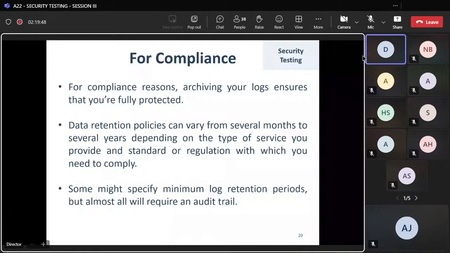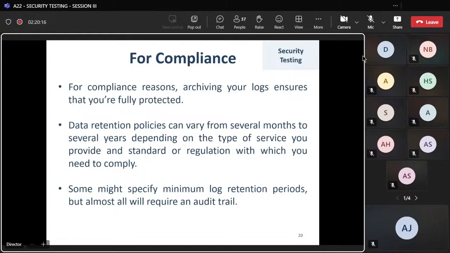For example, some business-related events you need to retain for certain years. That could be one of the business legal requirements, and that will be helpful for any kind of compliance requirements also. Data retention policies may vary from several months to several years, depending upon what type of service you provide and what type of standard or regulation you need to comply with.